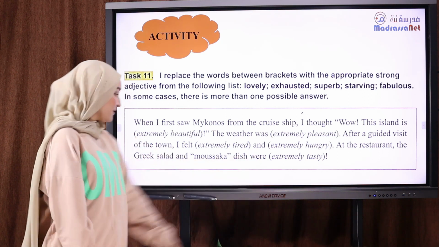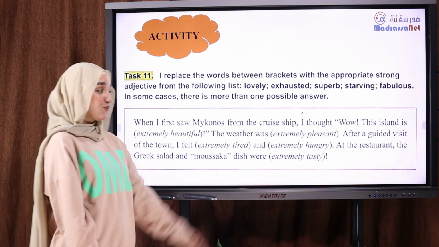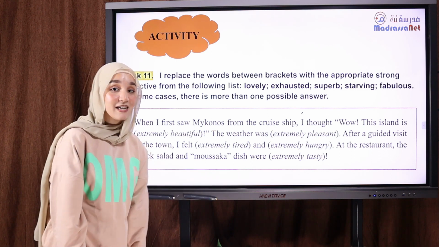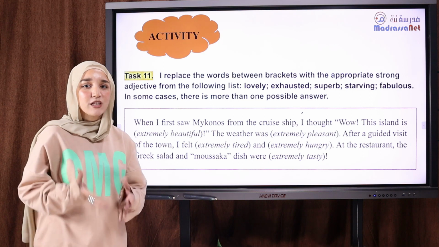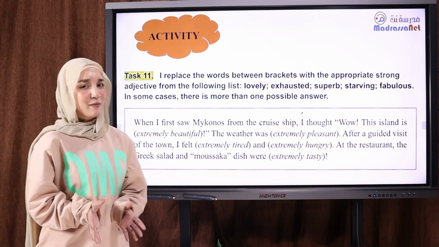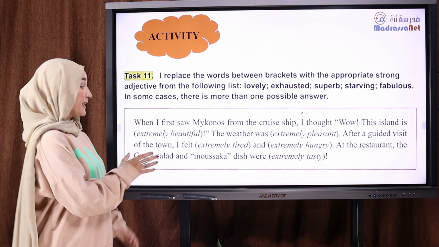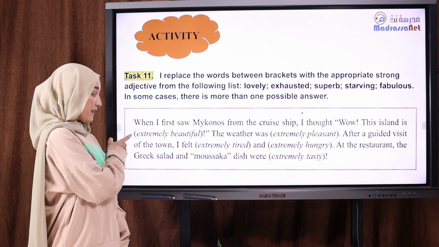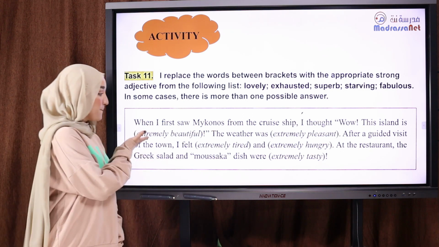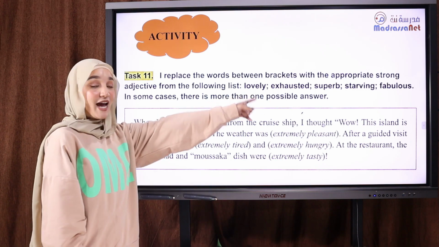At the restaurant, the Greek salad and moussaka dish were extremely tasty. Moussaka is a traditional Greek dish. It looks like Italian lasagna, by the way. Okay? So, you have to replace the adjectives between brackets, which are basically modifiers plus adjectives, by a strong adjective from this list.